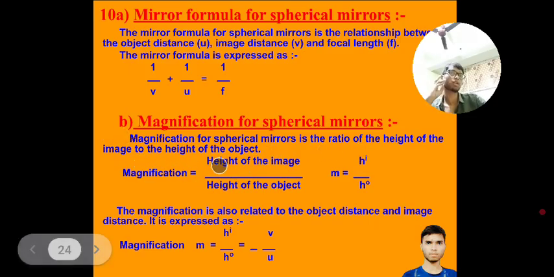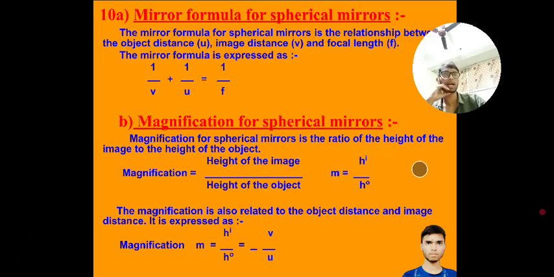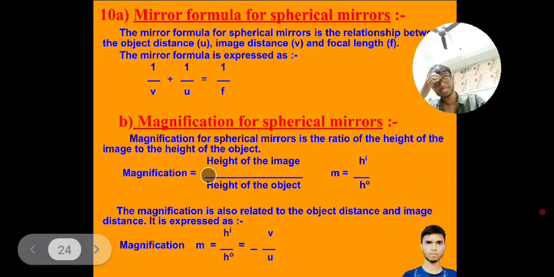Magnification for spherical mirrors is the ratio of the height of the image to the height of the object. First we take the height of the image, h1, and then the height of the object, h0. From this you will get the magnification.